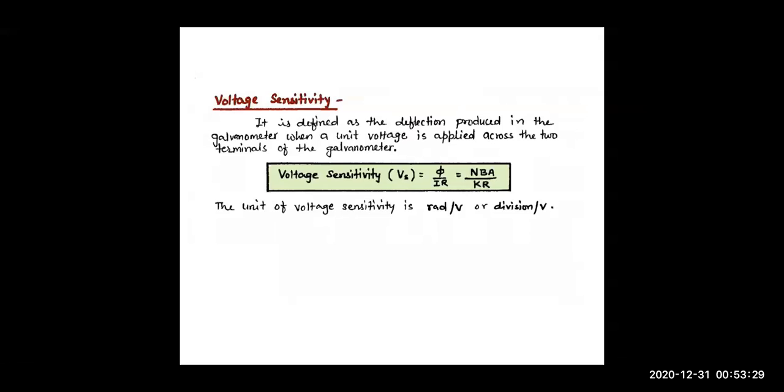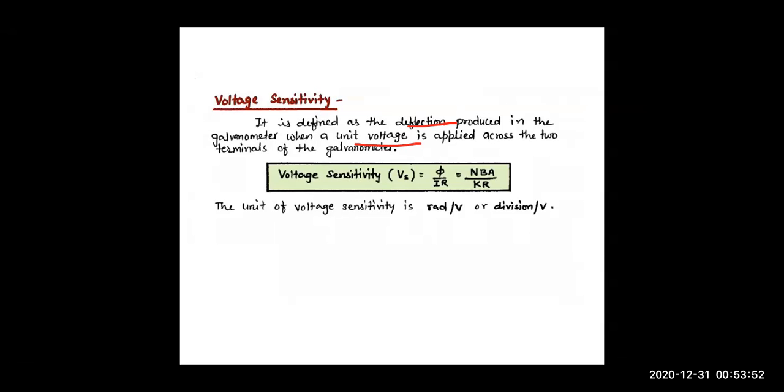The second parameter is voltage sensitivity. Voltage sensitivity means: for a very small voltage, does the galvanometer show deflection? Is the galvanometer sensitive? That is the deflection produced in the galvanometer for a very small voltage. So it is deflection per unit voltage.